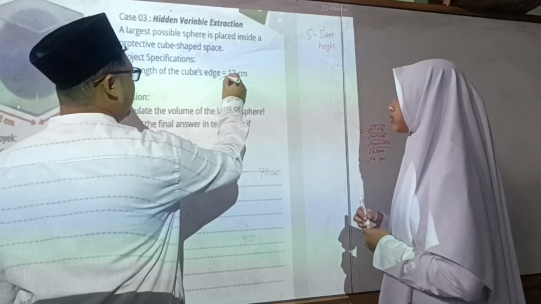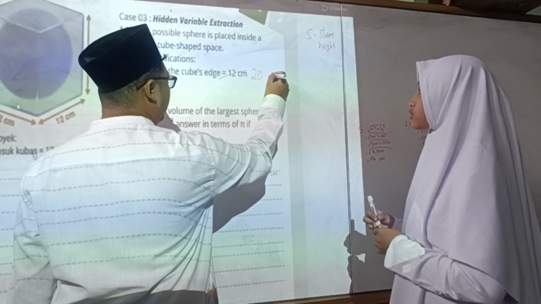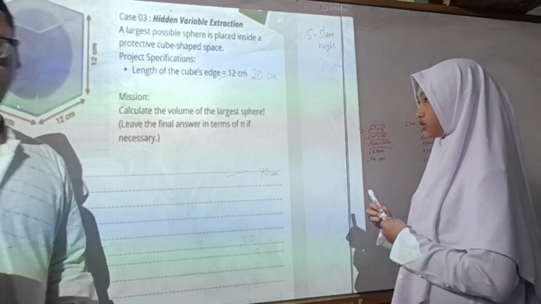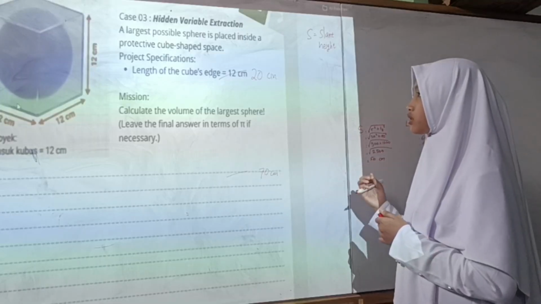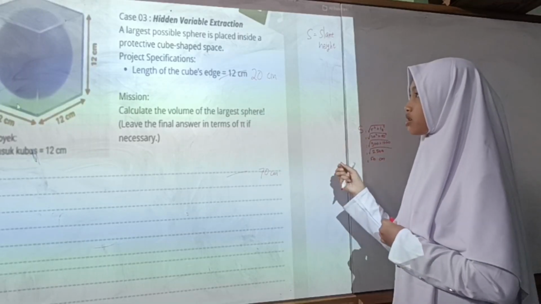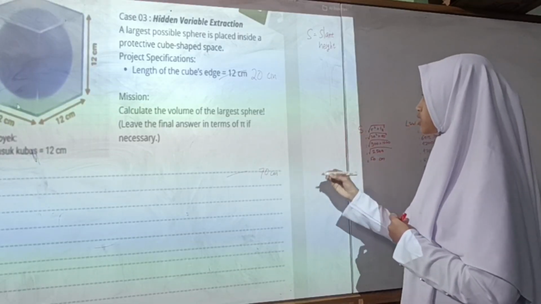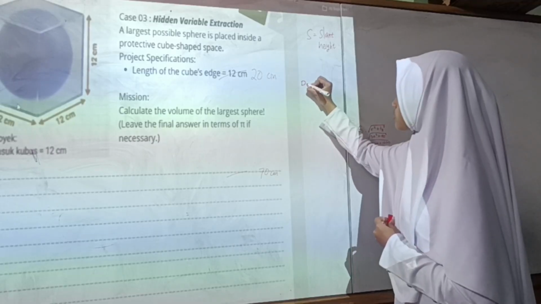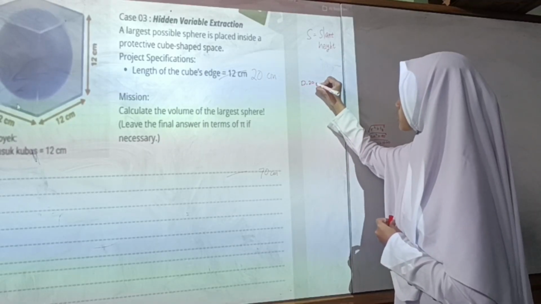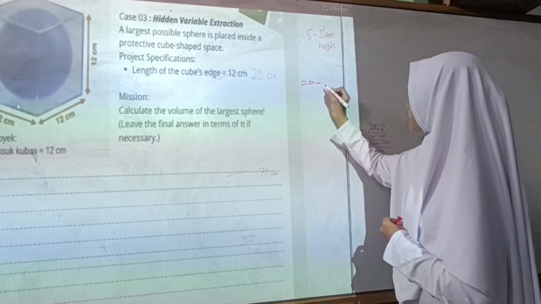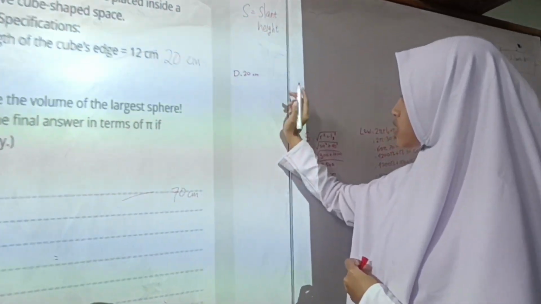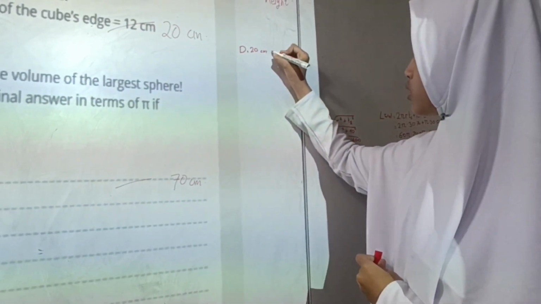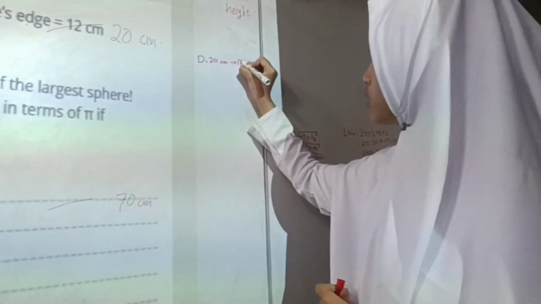So the diameter of the circle is the same as the cube's length. So the diameter equals with 20 centimeter.